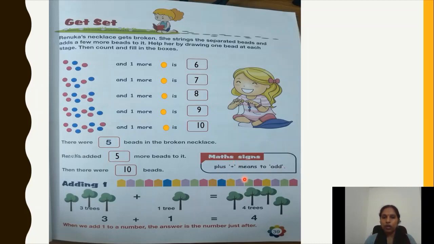This is the symbol for addition and it is called plus. Is it clear? Did you all note it down in your textbook? Check your answer, what you are seeing on the screen and what you wrote in the textbook are the same or not. Just check once again before we go on to the next page.